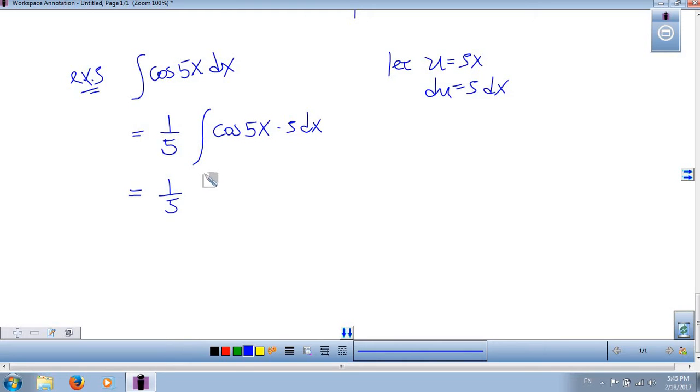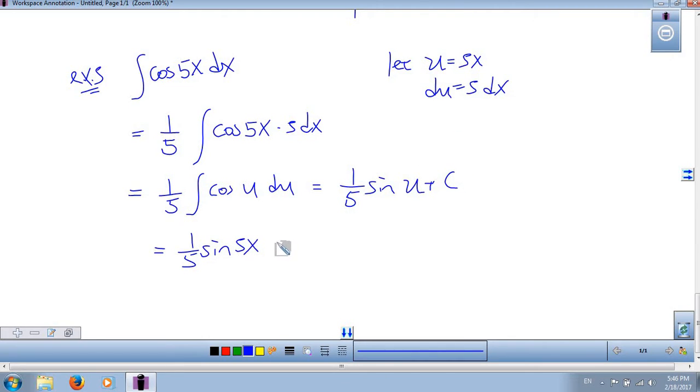So 1/5, this becomes cosine of u du, since 5 dx becomes du, and the integral of cosine is sine, so sine u plus a constant c. Then we go ahead and do 1/5, and lastly replace u with 5x. So as you can see, the final answer is 1/5 sine 5x plus c, not sine 5x.